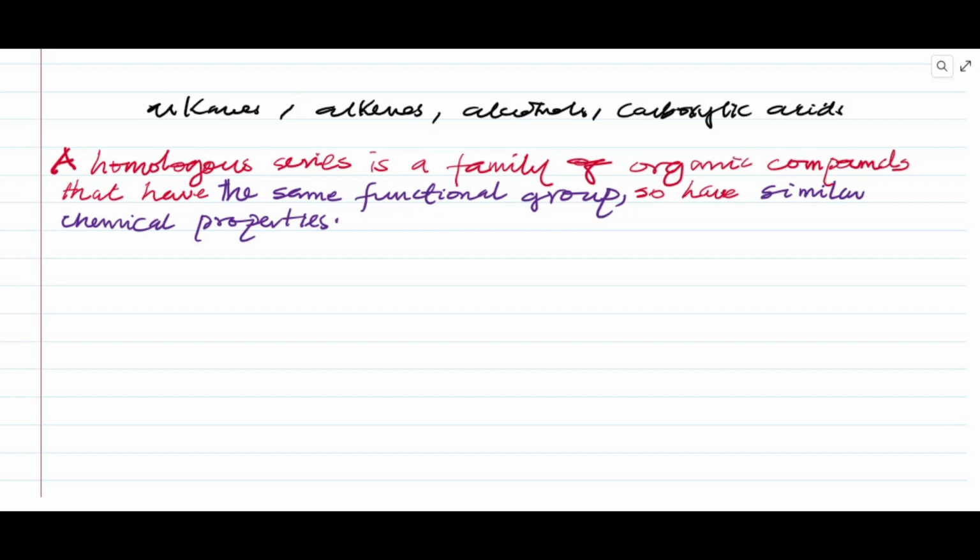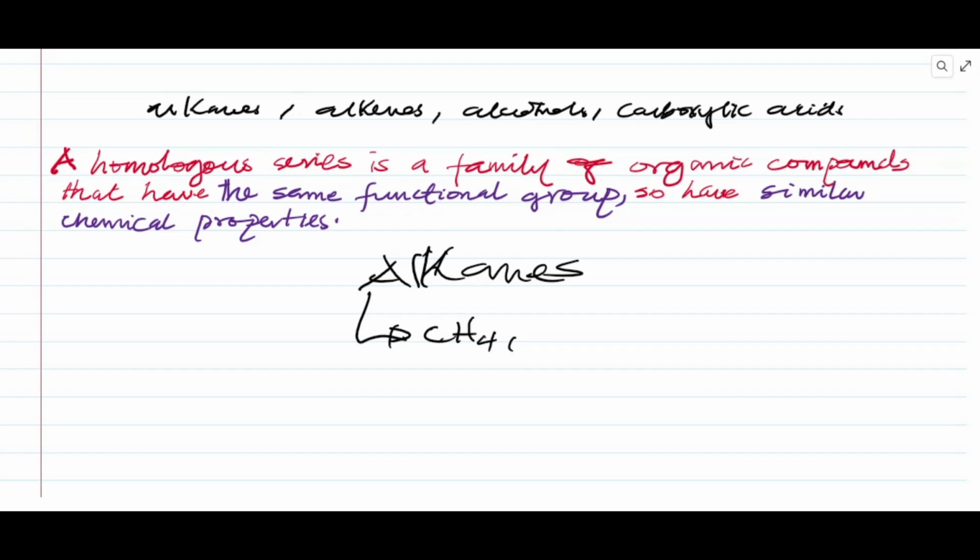So let's look at one homologous series quickly before we look at the properties generally. Let's look at the alkanes. This is a homologous series, and these are the members. A family member of this is CH4.